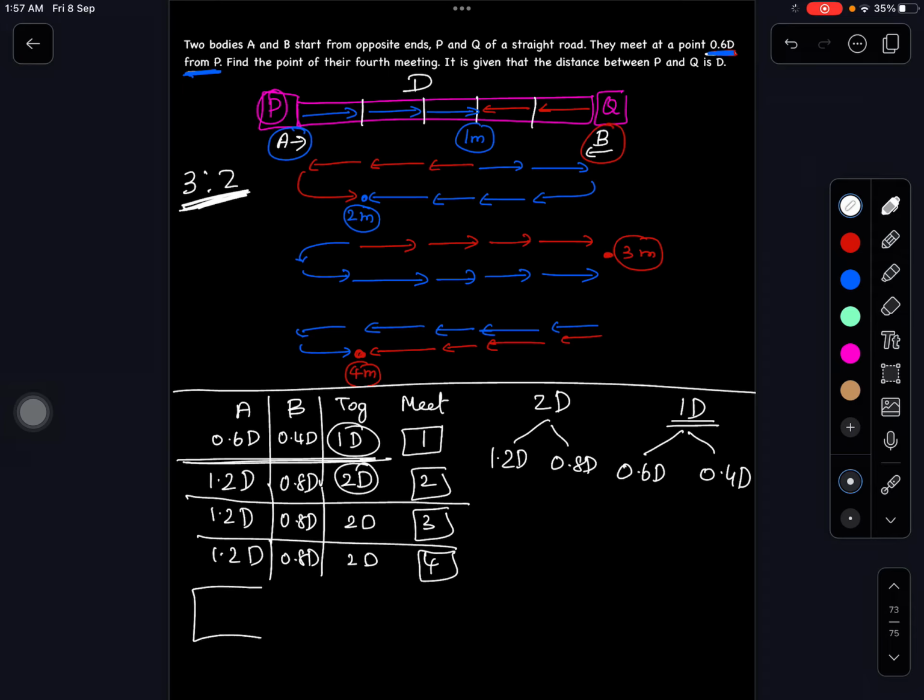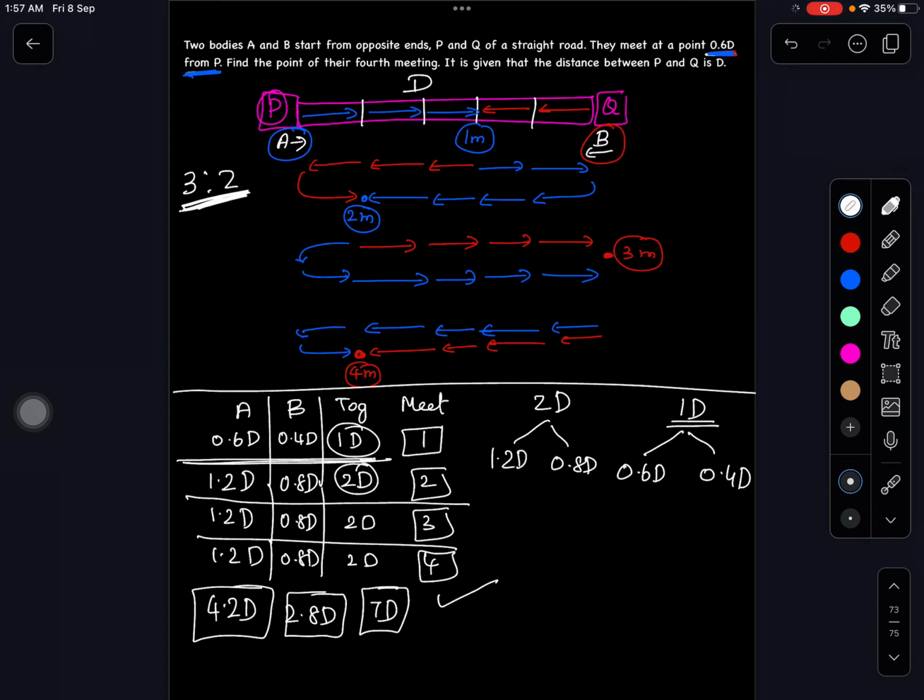So what is the sum of distances traveled by A? 4.2d. And what is the sum of distances traveled by B? 0.8 into 3 is 2.4, plus 0.4, 2.8d. And what is the sum of distances that they have traveled? 7d. And which is why their fourth meeting has happened. So A has covered 4 times the entire distance and 0.2 times more.